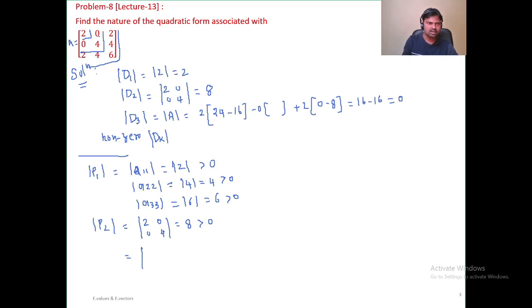Next I delete the second row and second column, giving 2 6 2 2. Now what is the determinant? 12 minus 4, which is 8, more than 0. Next possibility, by deleting the first row and first column: 4 4 4 6. What is this? 24 minus 16, which is 8, again more than 0.